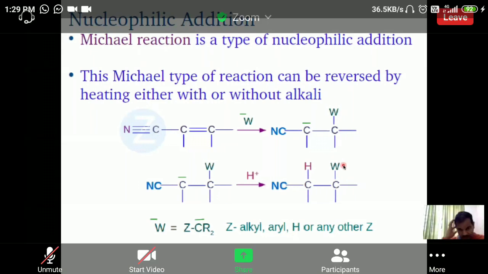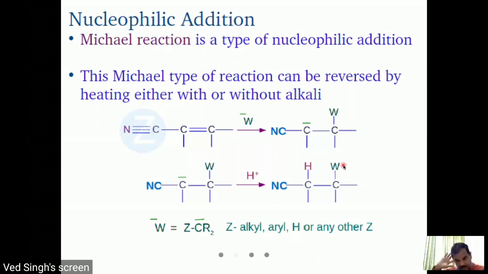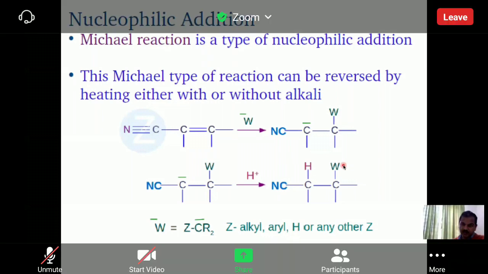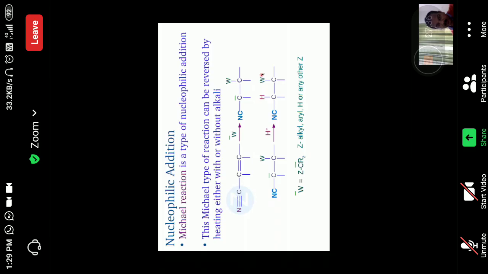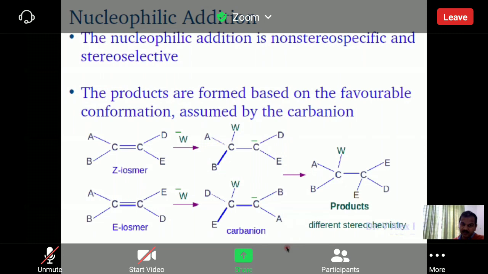In these two examples, you will see the product is the same. If the product is similar, it means the intermediate is forming in such a way that the product forms from either example.